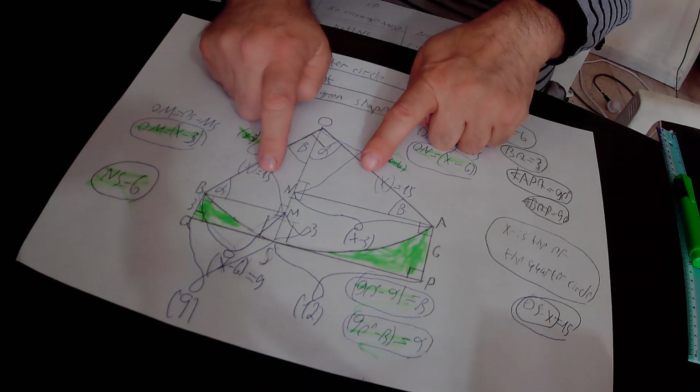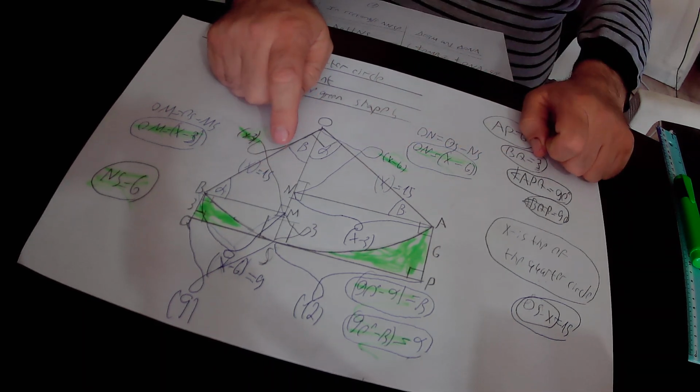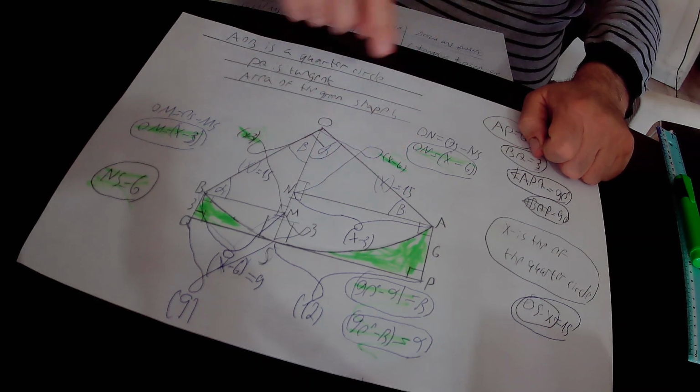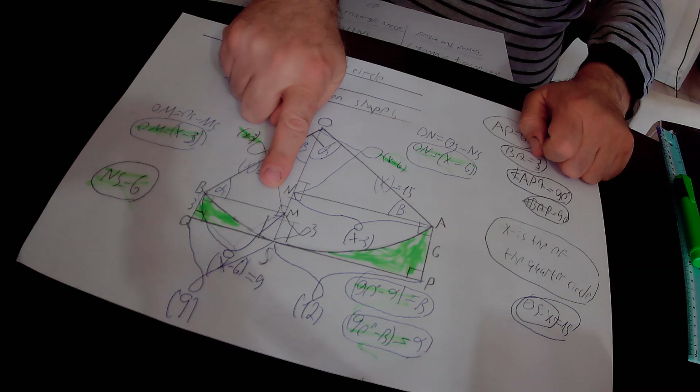And from the fact that those two right triangles are congruent, we derive that side ON in the right triangle ONA is equal to side BM in the right triangle OBM.